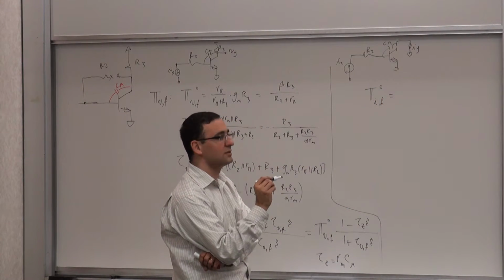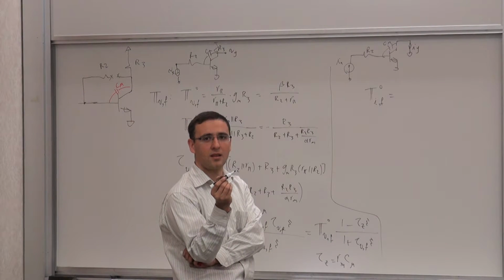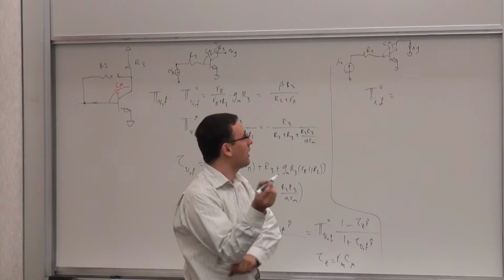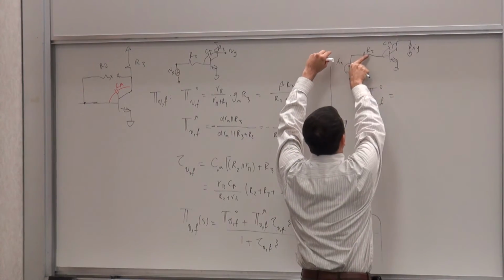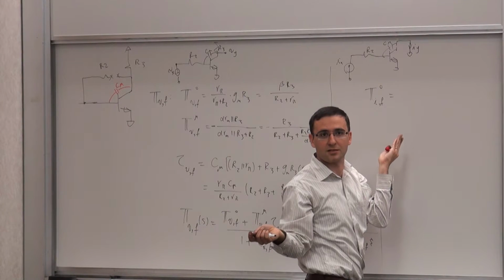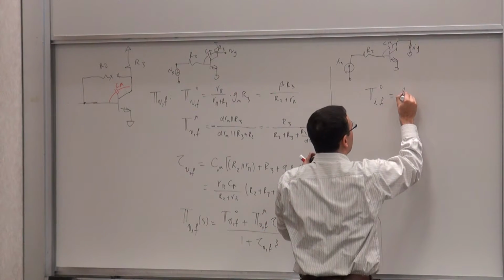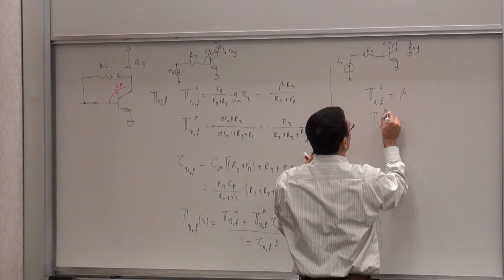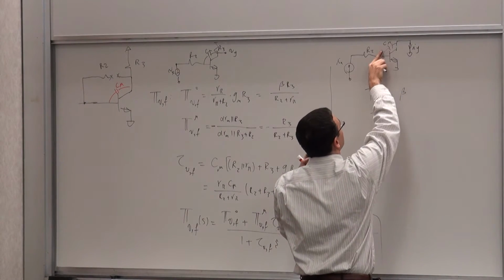If C mu is not there, if this current is Ix, then this current is beta Ix. It's a transistor, right? So it's beta. What is TIF mu when C mu is infinite, when it's shorted?